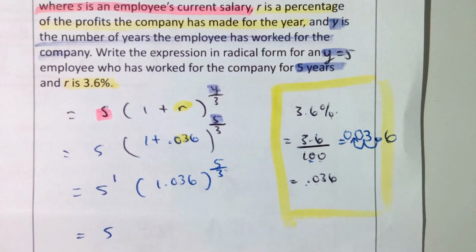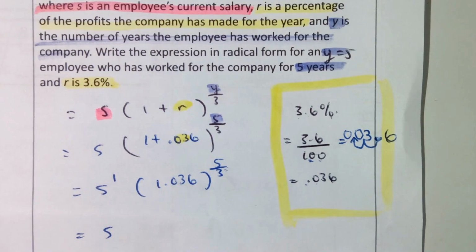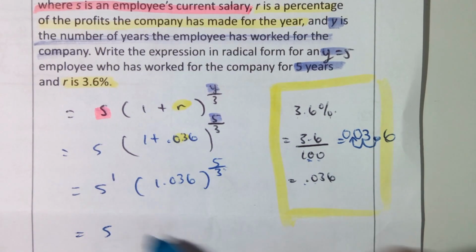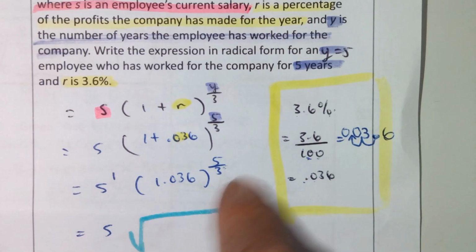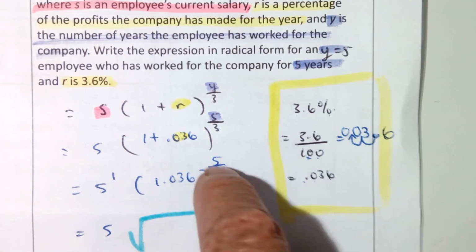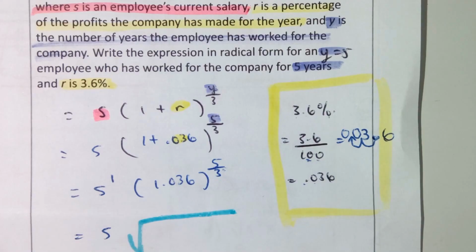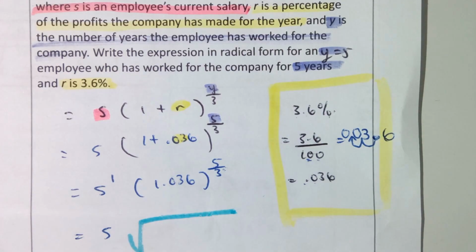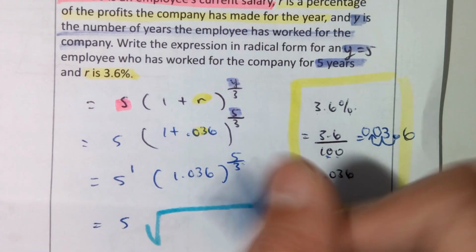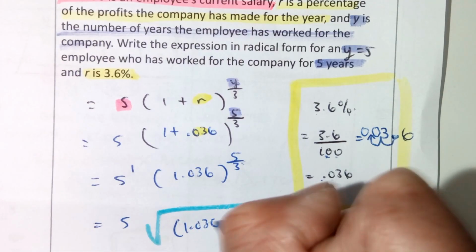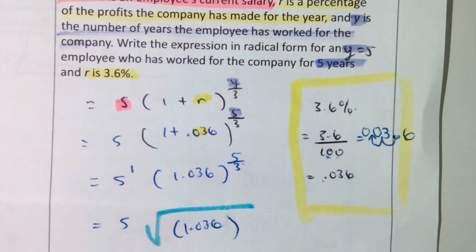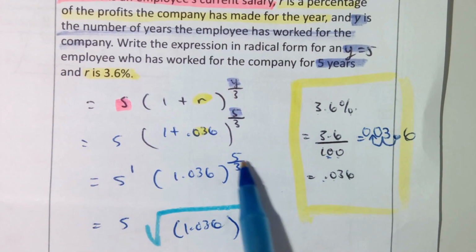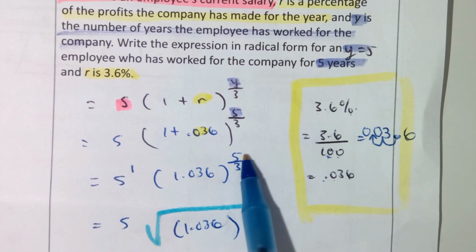So let's go ahead and write this out. S has no radical. That's going to become a radical. I have the blob. Okay, so let's put the 1.036 inside the radical here. That is our base. And then we have our rational exponent here.